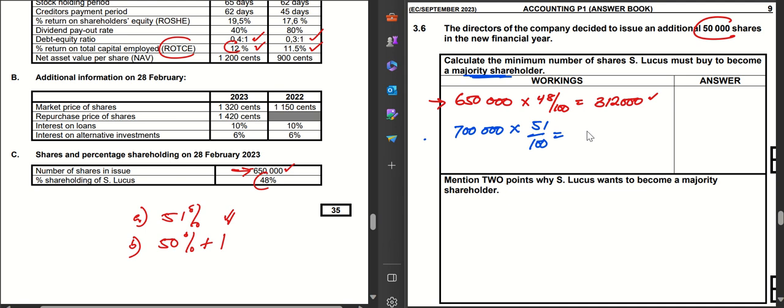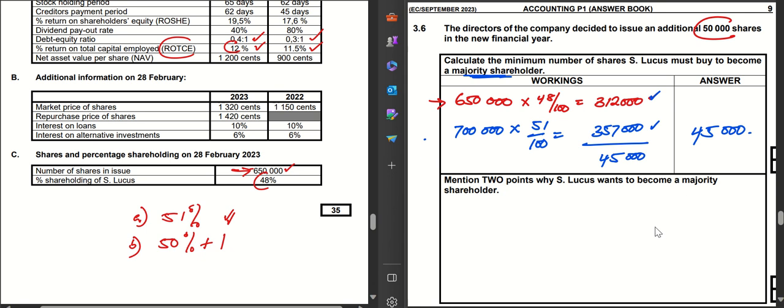If he is to become a major shareholder, he has to have 357,000 shares. So if he needs 357,000 and presently he has 312,000, how many more shares does he have to buy? He has to go and buy 45,000 shares.